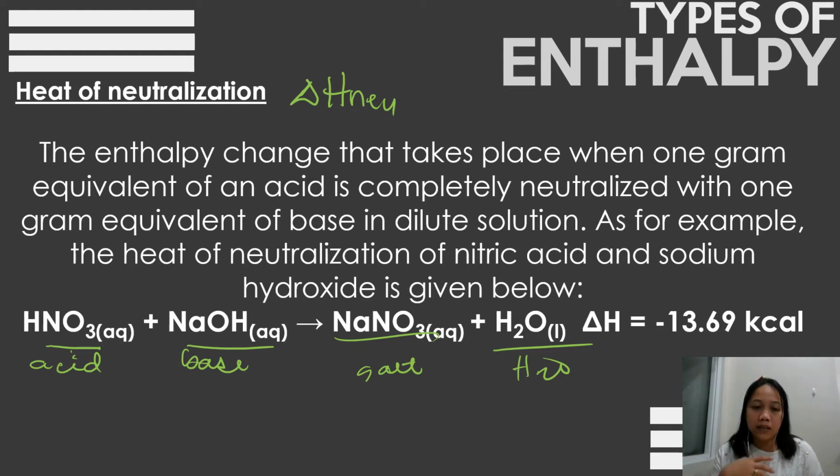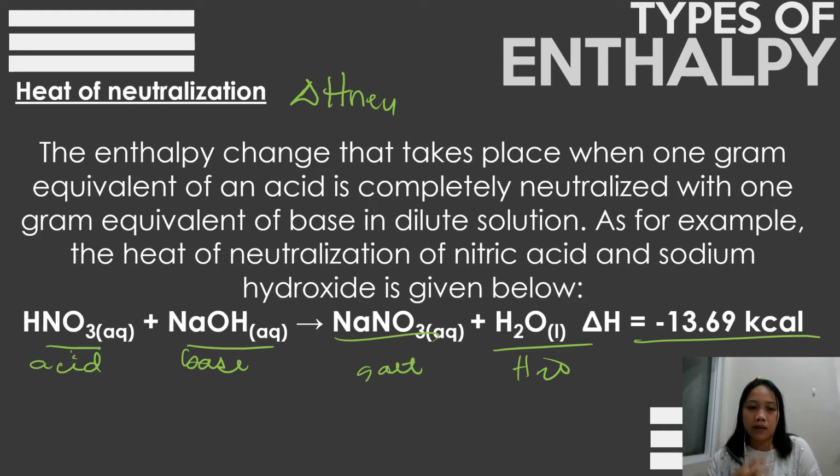In this case, it is nitric acid and sodium hydroxide giving off a salt in the form of sodium nitrate and water. If you're going to pause this video and solve for the change of enthalpy of this chemical reaction, you will get negative 13.69 kilocalories.